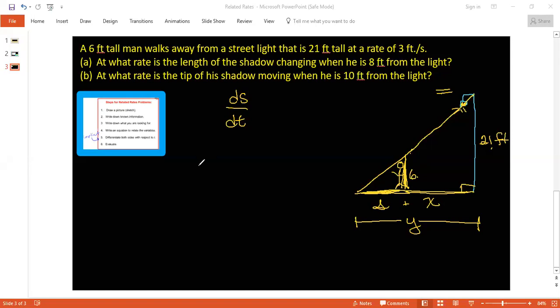So I'm going to go ahead and set up these similar triangles, and I'm going to go, all right, with this little triangle here, S to this big triangle here, that's the bottom of the little triangle to the bottom of the big triangle, is going to be equal to the height of this little triangle to the height of the big triangle, because there's 2 triangles in here.